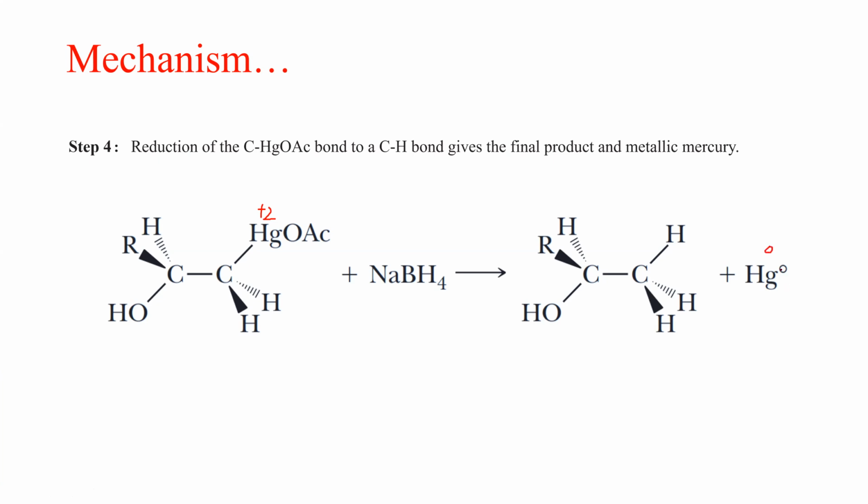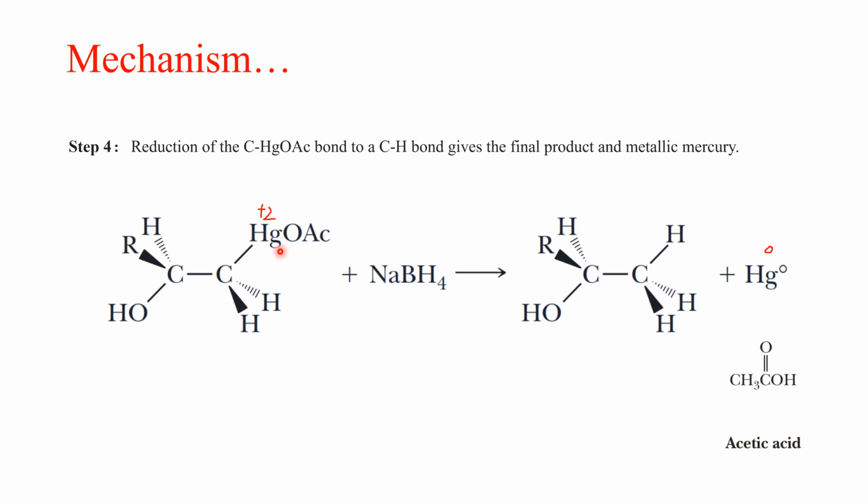We have noted that it has converted into elemental mercury from +2 to 0. When a species gains electrons, this is basically reduction, or it is accepting hydrogen. This is the reduction form. So now we have elemental mercury, the alcohol, and another thing, the acetic acid.